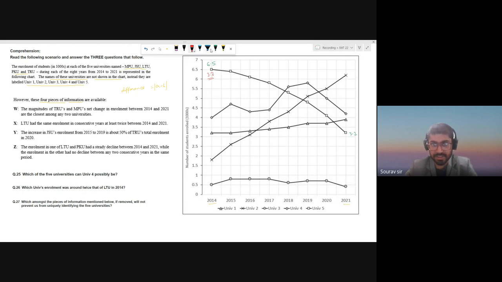Then for this graph, we start at 4 and we end at around 4.2. So the net change here would be 0.2. Then for this graph, we start at almost 3.3 and we end up at around 3.9.